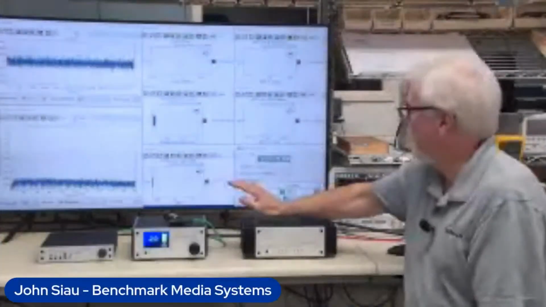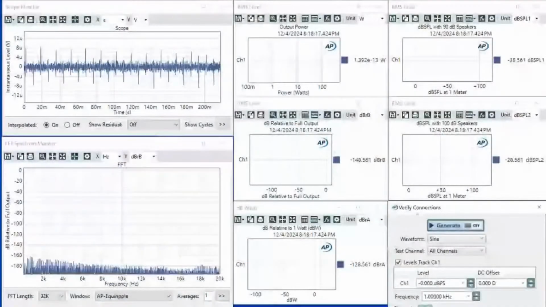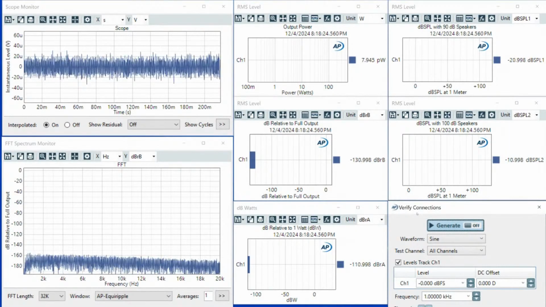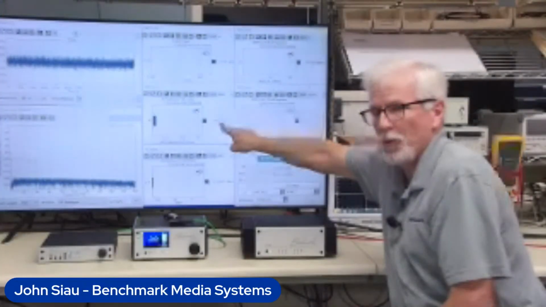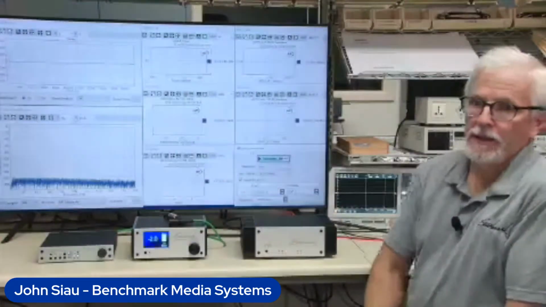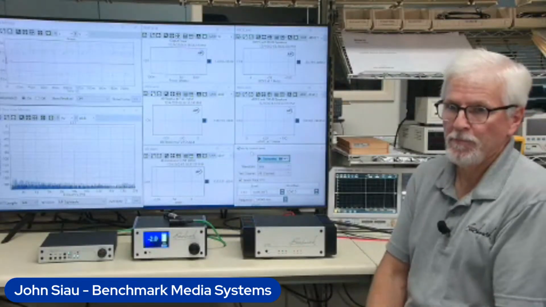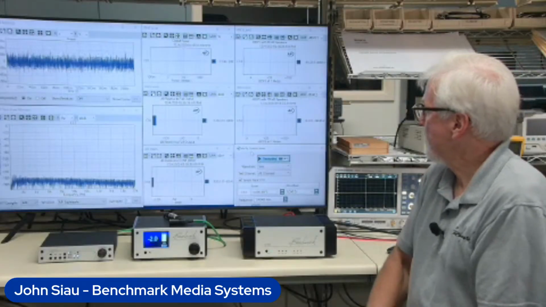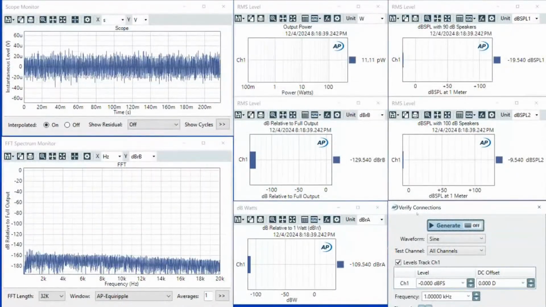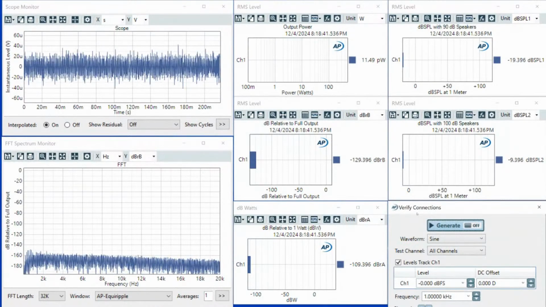If I go to medium gain, I lose about a dB. Okay, I'm running right around 131 in medium gain. And if I go to high gain, the amplifier does about 129 dB signal to noise ratio.